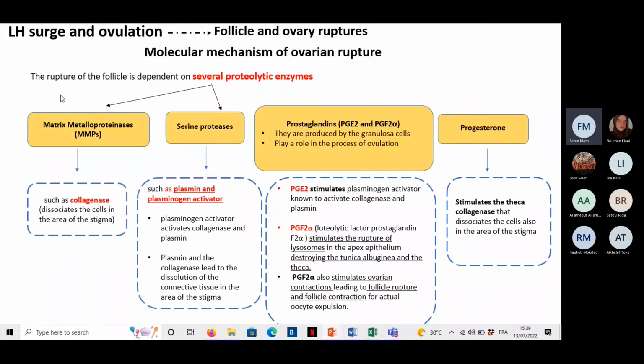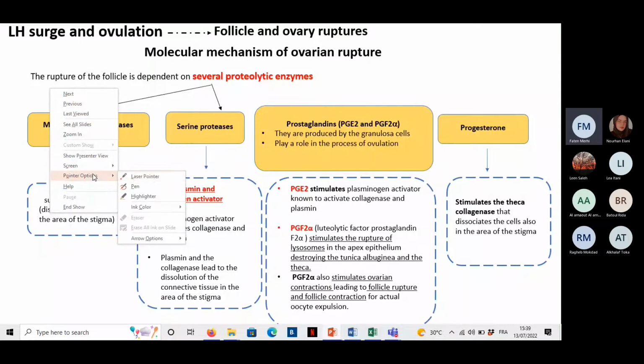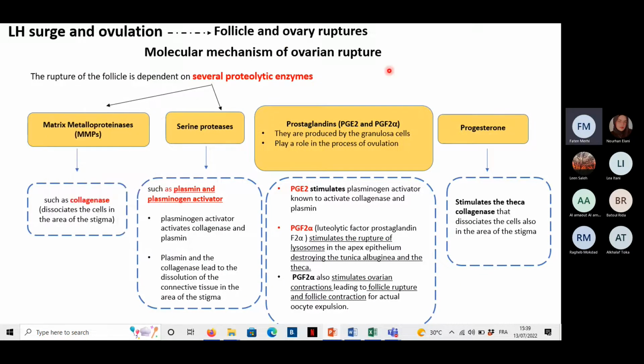Now here we will see in more detail what the enzymes related to this follicular or ovarian rupture are. We have several proteolytic enzymes. Proteolytic comes from protein and lysis, so they are enzymes with a lytic activity. They will lead to the lysis of a tissue.